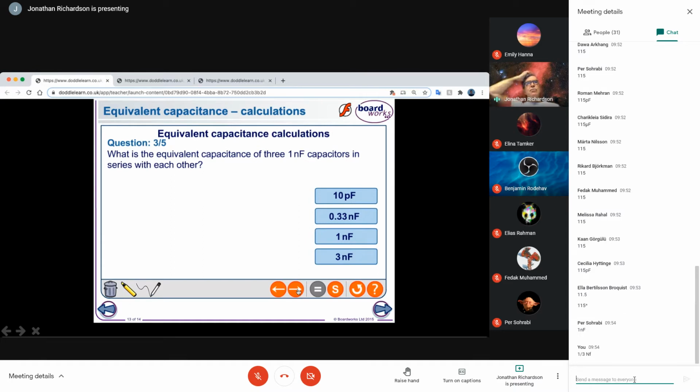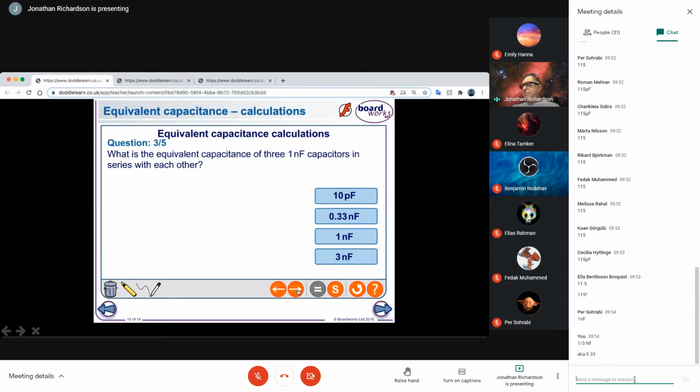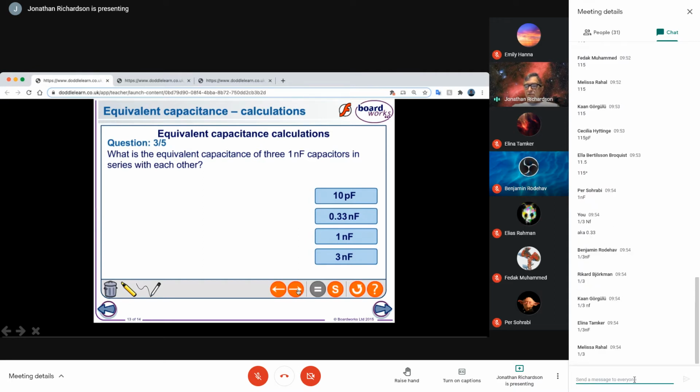Be careful, write down, remember these are now in series, 1 over Ct equals 1 over C1 plus 1 over C2 plus 1 over C3.